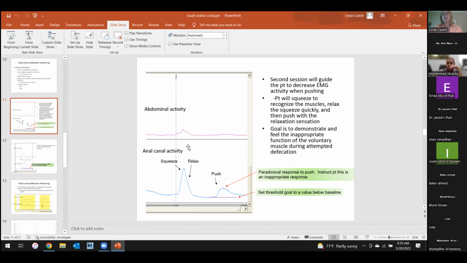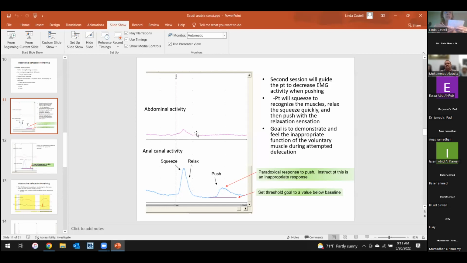Let me check my cheat sheet. The one I always see is just type 1. The patients bear down appropriately from above, but they squeeze their puborectalis and their external anal sphincter muscle.